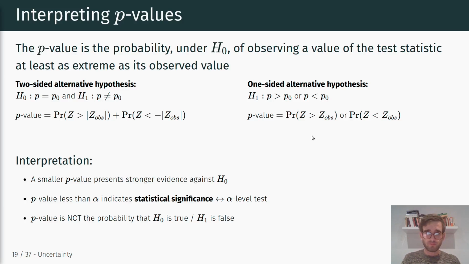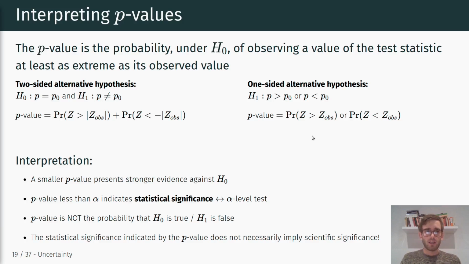At the same time, with an insignificant result, we cannot necessarily conclude that the alternative hypothesis is false. Again, all we can say is that we fail to reject the null hypothesis if the test is not significant, and if it is significant, we do reject the null hypothesis. Okay, that's all the p-value is telling us, essentially.